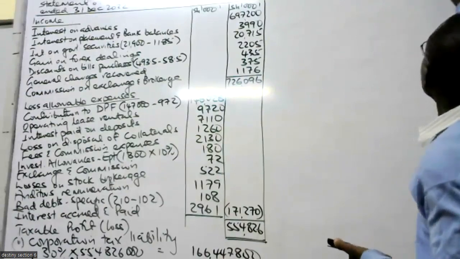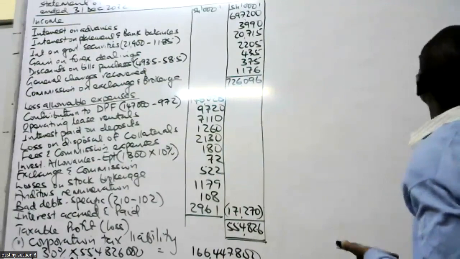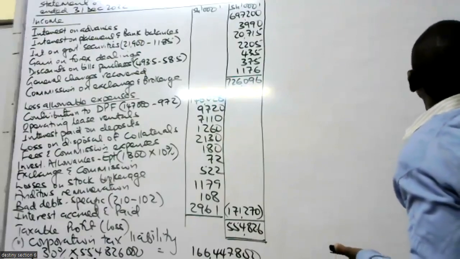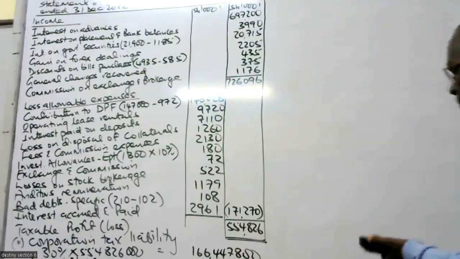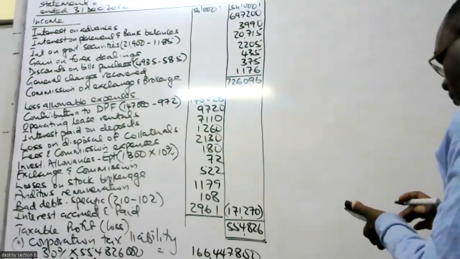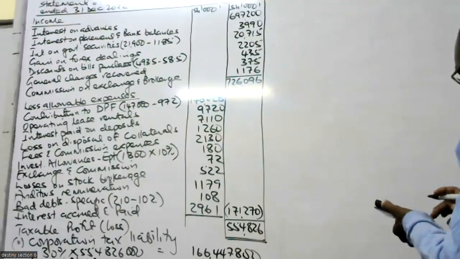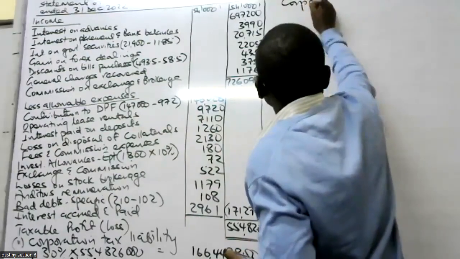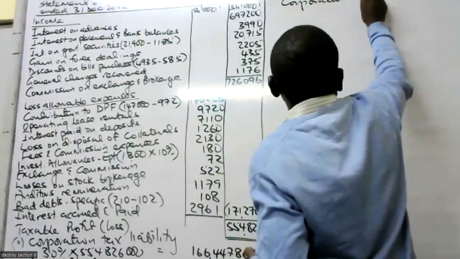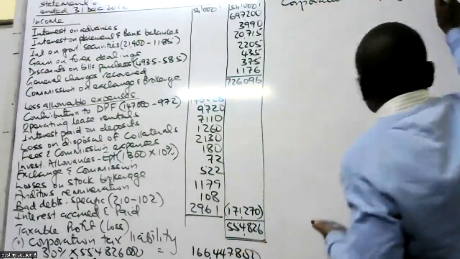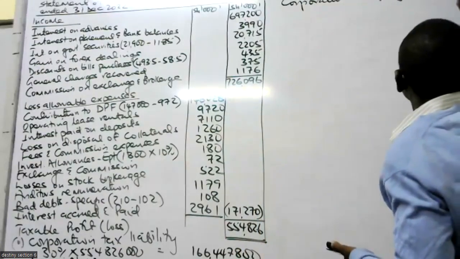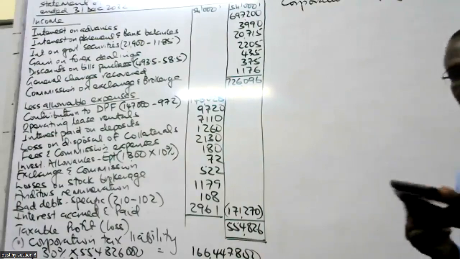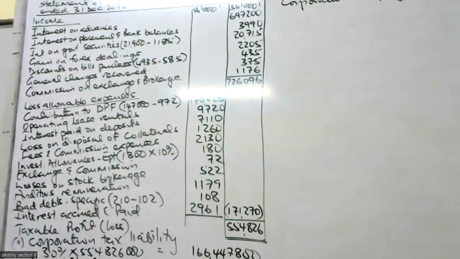So we'll deduct 3 million 285. So we deduct 3,285,000 from 166,447,800. So that would be our final amount.